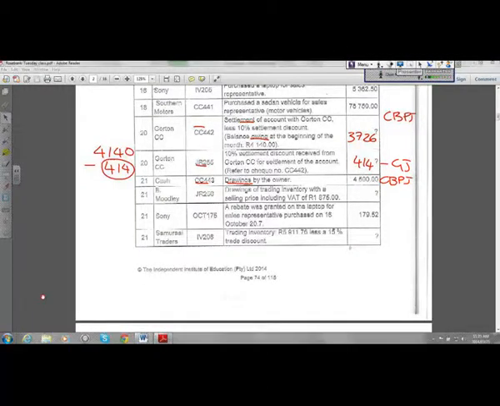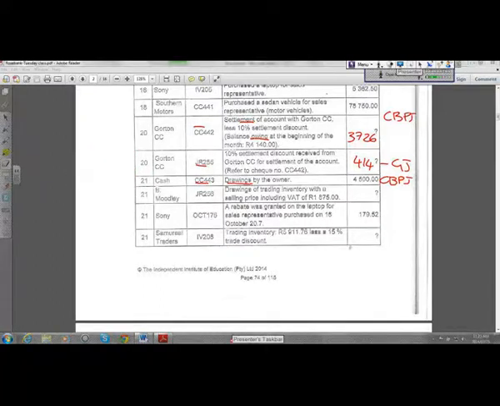Tricky one, eh? Okay, so let's look at that. They are telling us that it's going to go to the general journal by the JR.